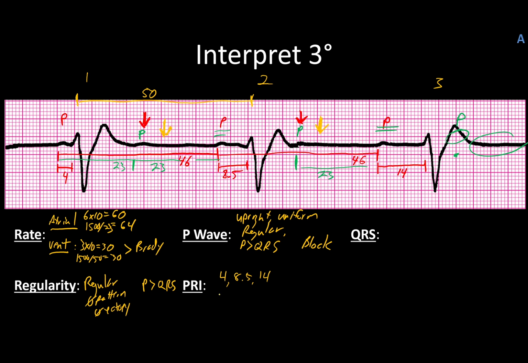So we have wildly inconsistent PRIs, and no reset. And that's 3rd degree. As for the QRS's, how do we measure those out?